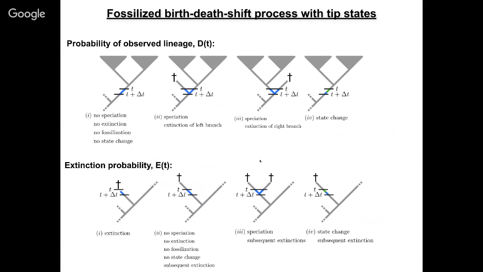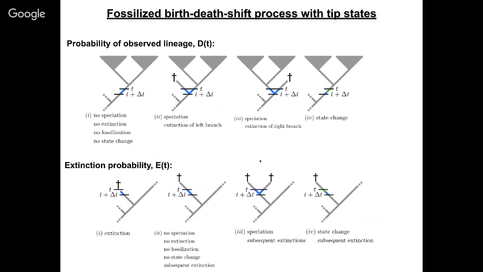So the first scenario, we say it's no speciation, no extinction, no fossilization, no state change. Second one, we're saying there was a speciation event, but then the left branch went extinct, or you didn't even find a fossil from it, so nothing really has happened there. The third scenario is the same type of thing, just for the right side. And the last example is if you have a state change.